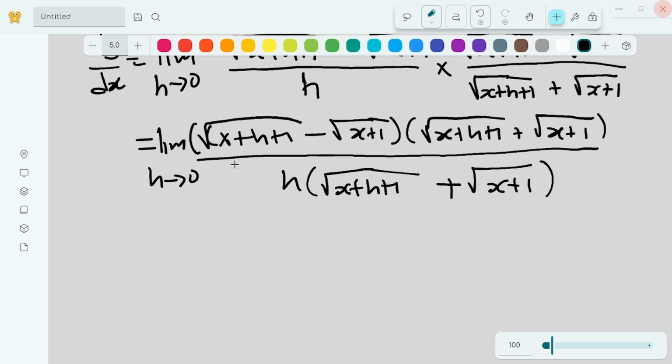When you look at the numerator, we can use the difference of two squares to evaluate it. So how does it work?